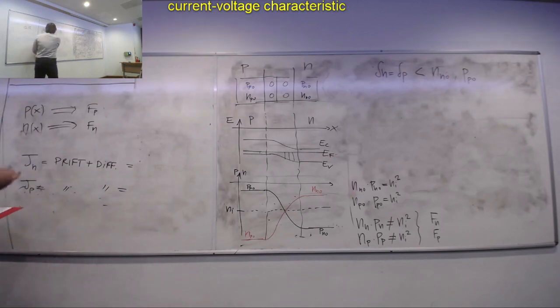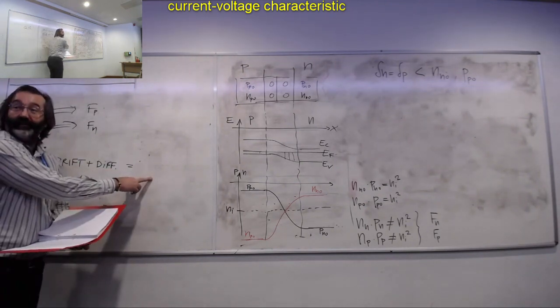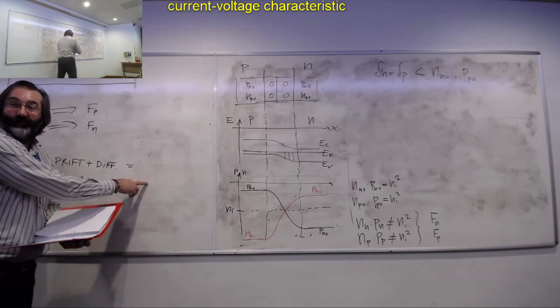We already know that if the derivative of the Fermi level with space is 0, there is no current. So what do you expect that I'm going to write here? Something related to the derivative of the Fermi level.